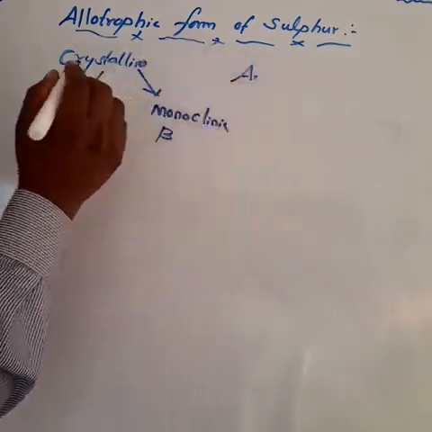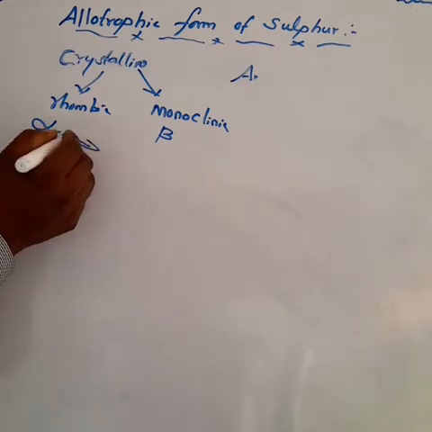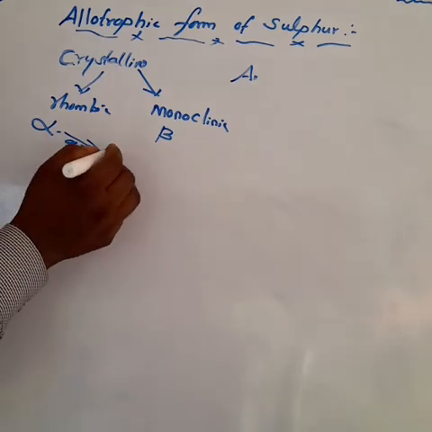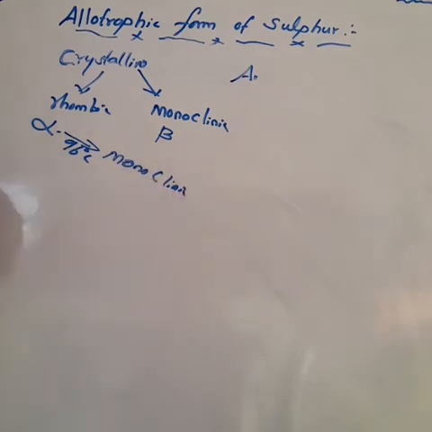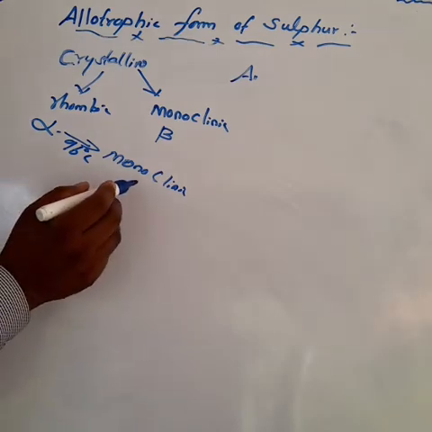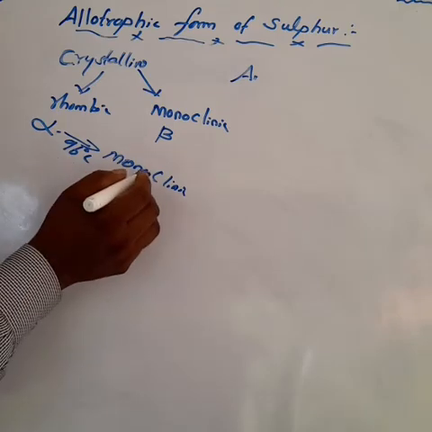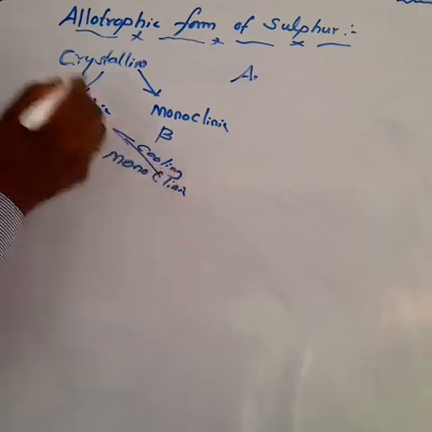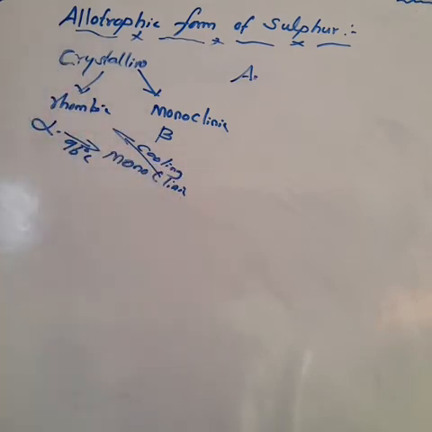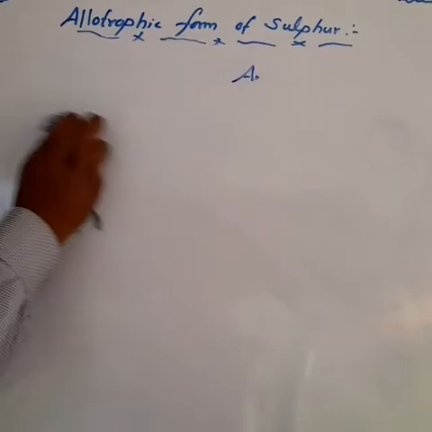Try to understand the concept: rhombic sulfur on heating at 96 degrees Celsius gives monoclinic sulfur. Monoclinic sulfur on cooling gives rhombic sulfur.